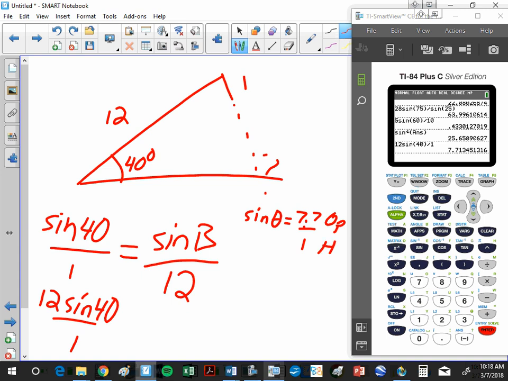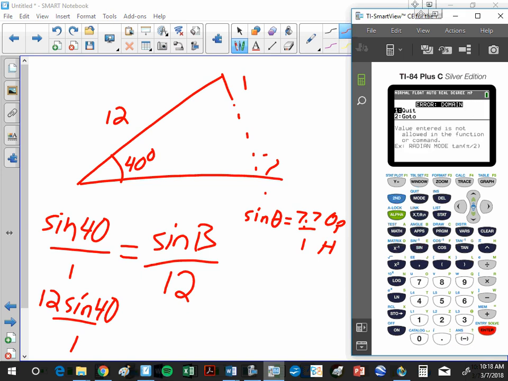No. So if I tried to invert this, inverse sine of the answer, I end up with error. Well, same thing. In the unit circle, the height of the wall cannot be 7. The height of the wall is 1 or smaller. Okay? So that's pretty obvious. I did the 12 sine of 40 over 1. I got an answer bigger than 1, which means that triangle doesn't exist.